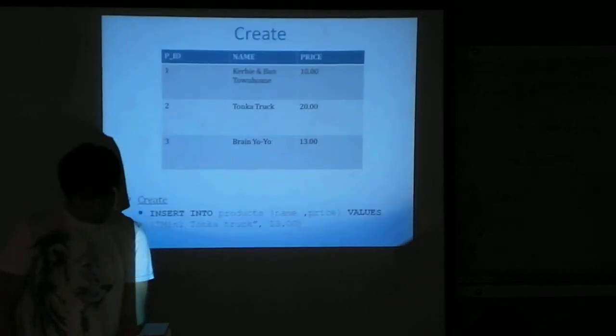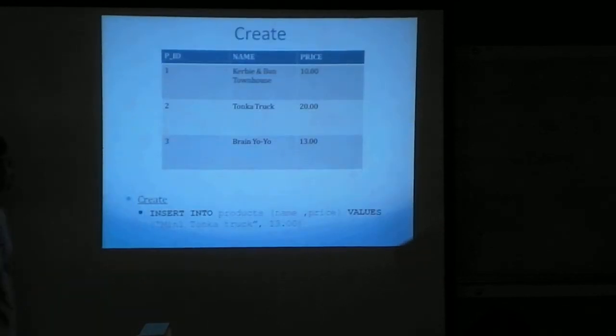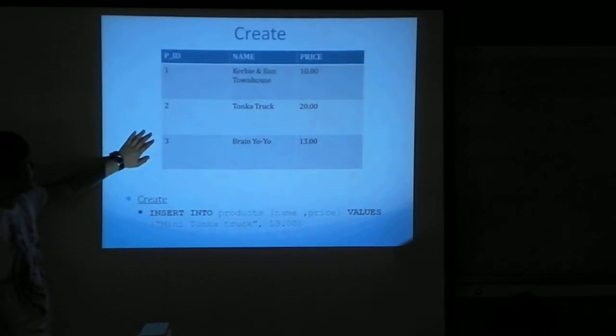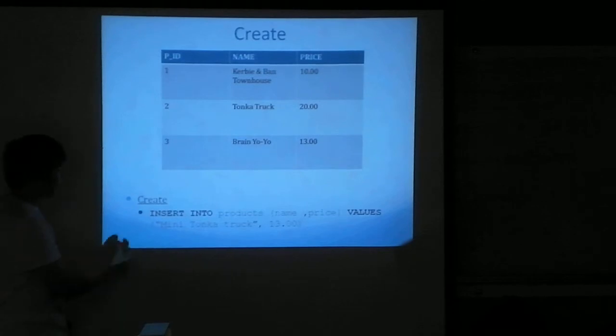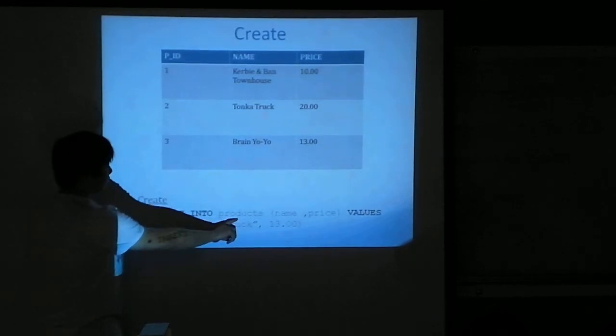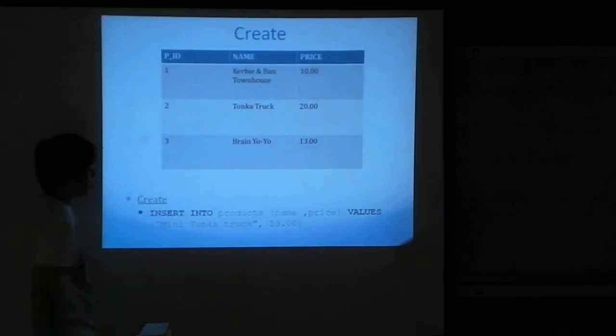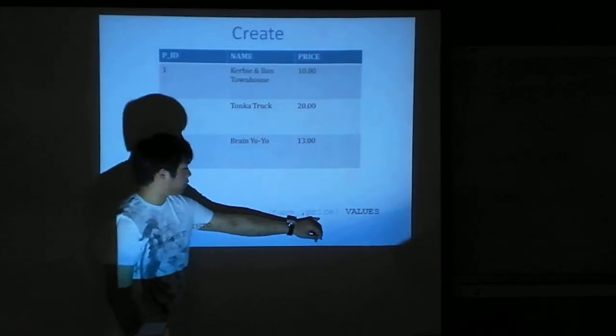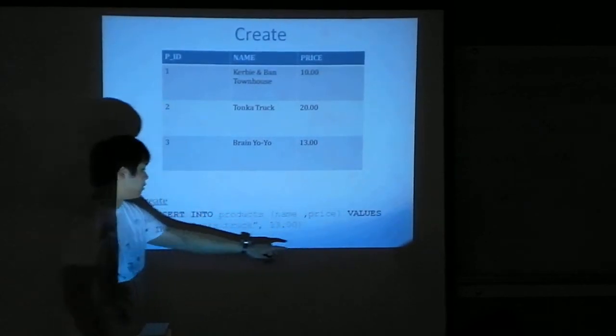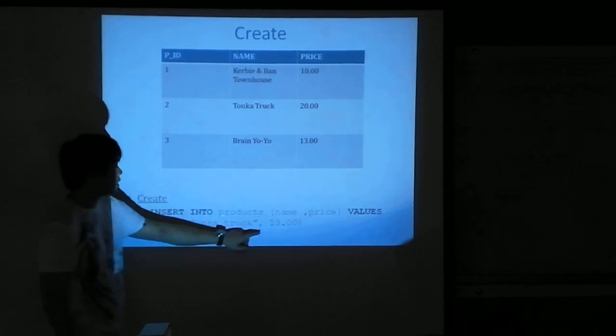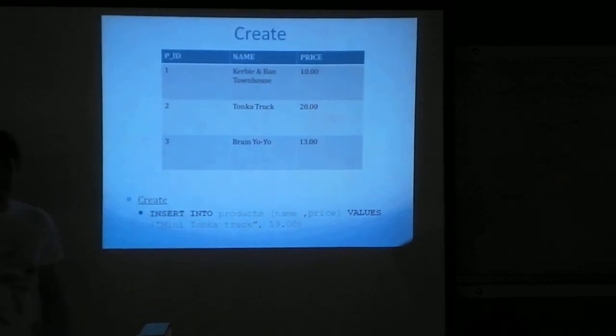Okay, so here we have an example of create. We're going back to the products table that I showed you earlier. So if we did insert into, products is the name of the table, and these two are the field names, name and price, the values mini Tonka truck and the price 13, what would happen?